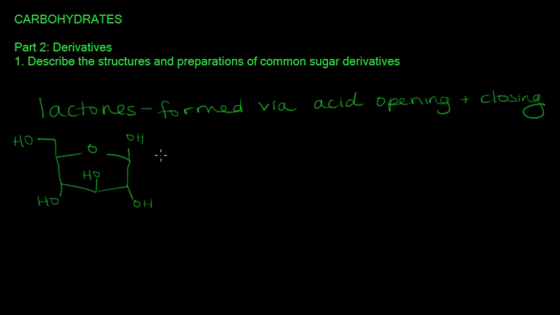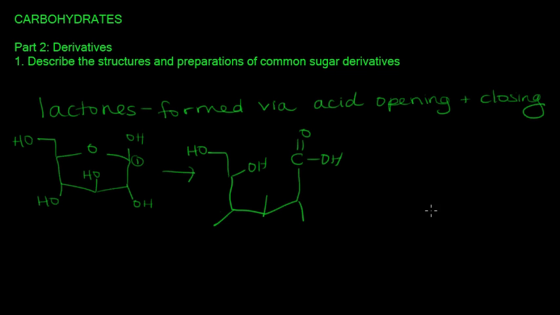So in the first step of this, acid is applied to the solution, causing this bond to split and the formation of an acid group. It's C1 right here. 1, 2, 3, 4, 5. And this OH, 6 OH, and nothing else changes.